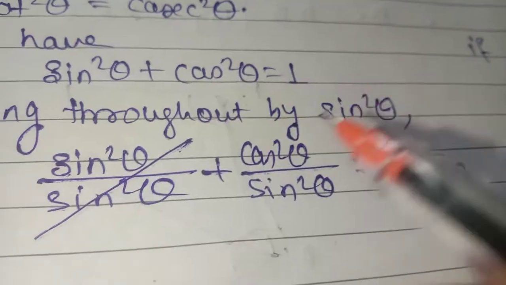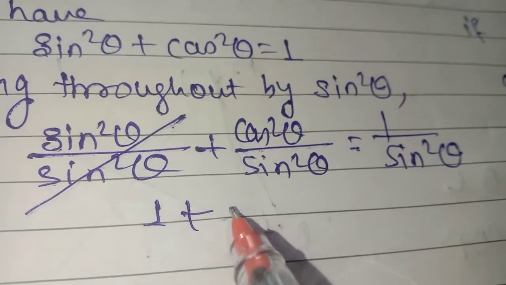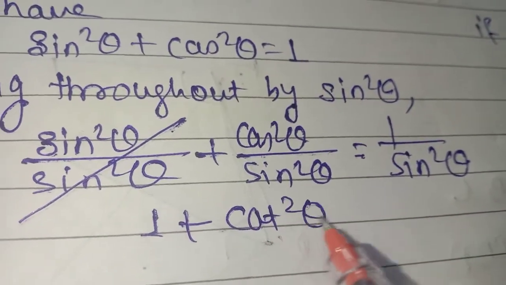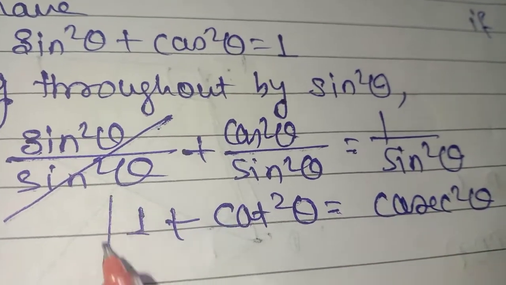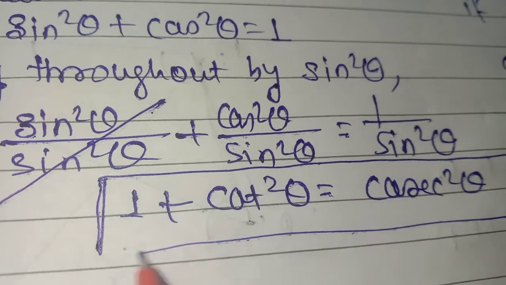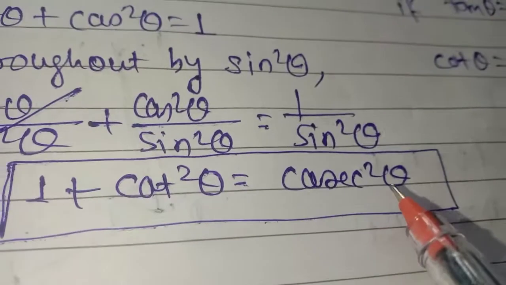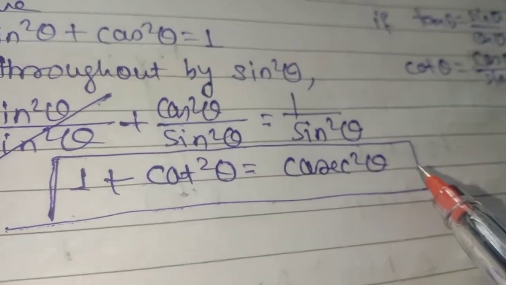Now cancel it. It is 1 plus cos upon sin is what? Cot, and it is cosec square theta. So it is our required result, that is 1 plus cot square theta is equal to cosec square theta.